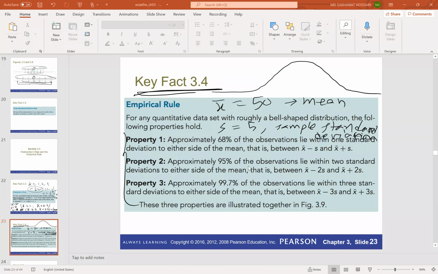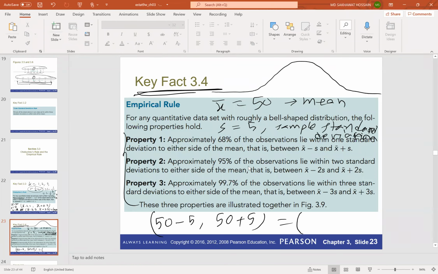So property one is approximately 68% of the observations lie within one standard deviation. Within one standard deviation means 50 minus one standard deviation, which is 5, and 50 plus 5.